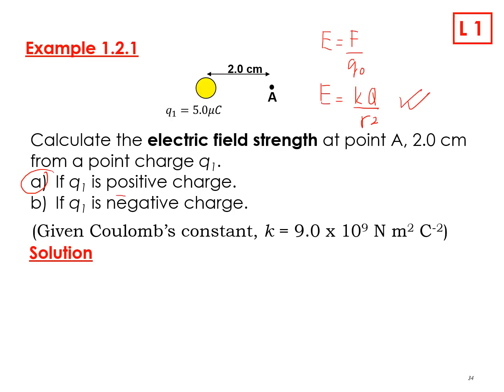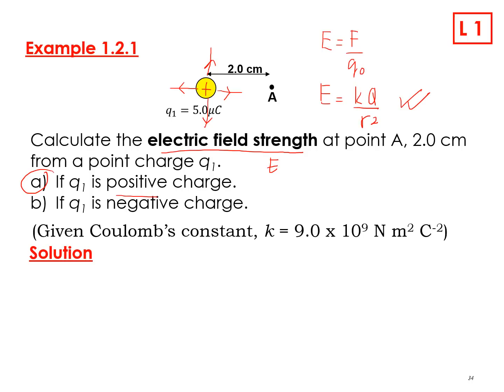If Q1 is a positive charge, you must know what is the direction of the electric field line for the positive charge. For a positive charge, the electric field line is pointed radially outward, like this. I mentioned earlier that the direction of the electric field strength E depends on the direction of the electric field at the point charge.